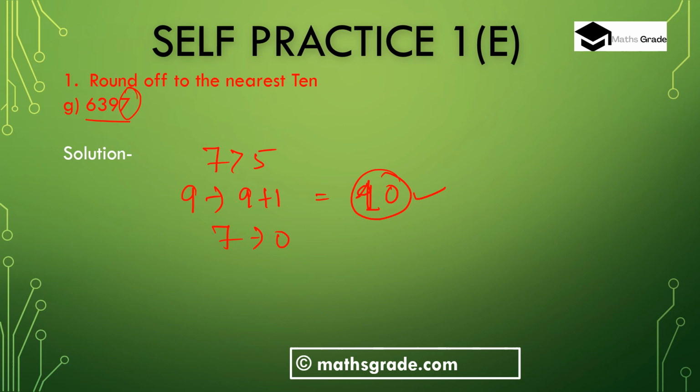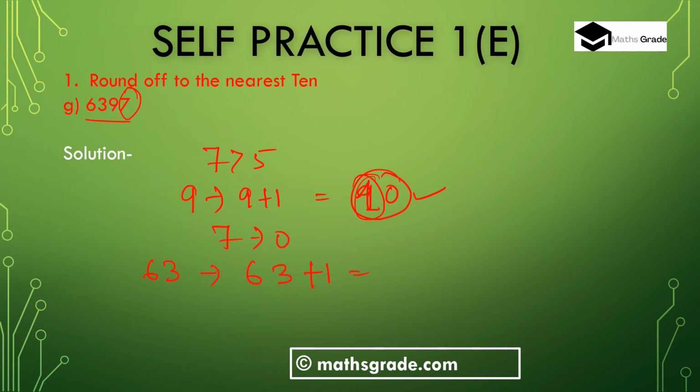And just write down the 1000 and 100 place digits as it is. That is 6 and 3 as it is. And this 9 changes to 10. So in this 10, the 1 in the tens place is added to the 100 place digit, that is 3. Here 63 changes to 63 plus 1.